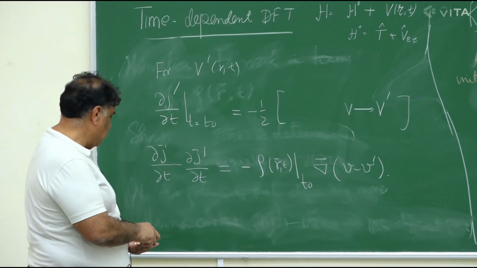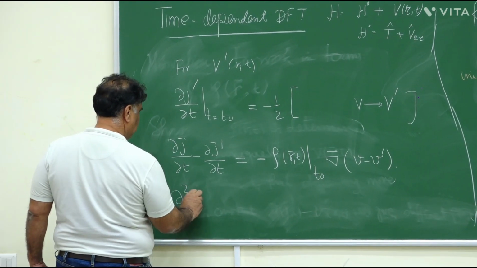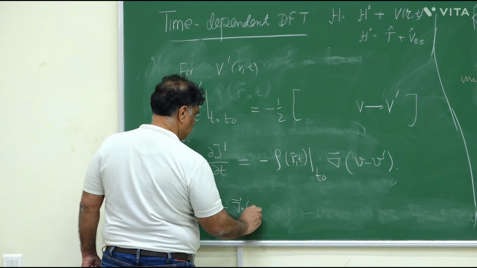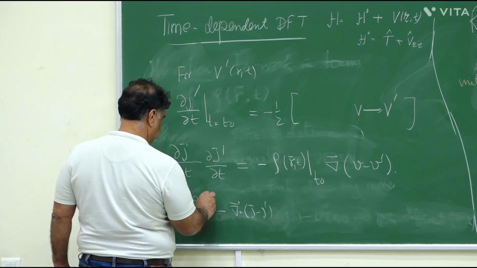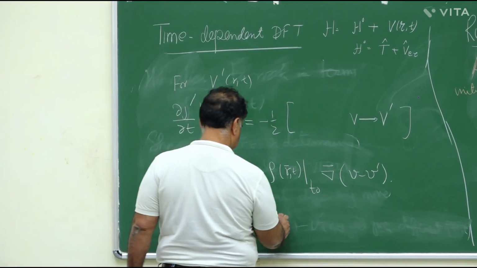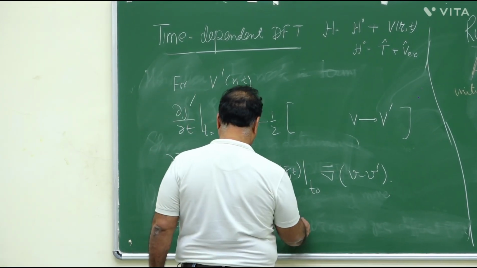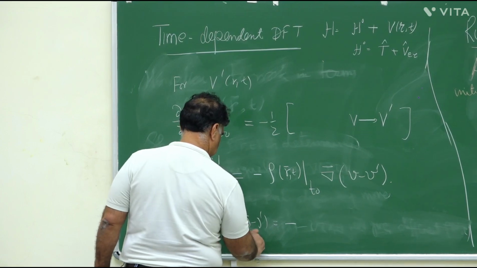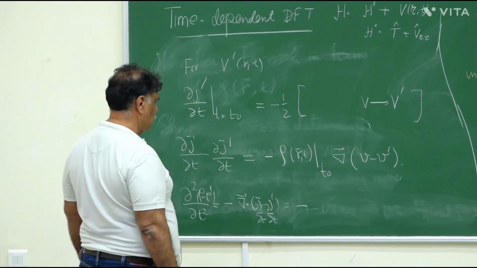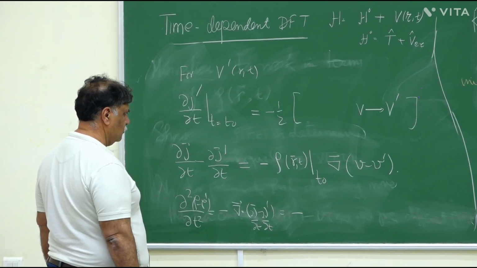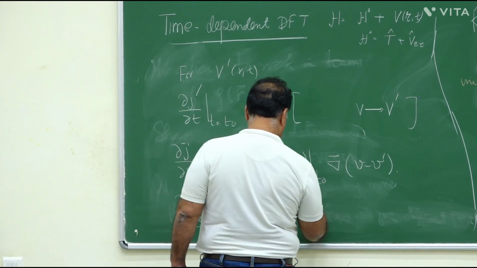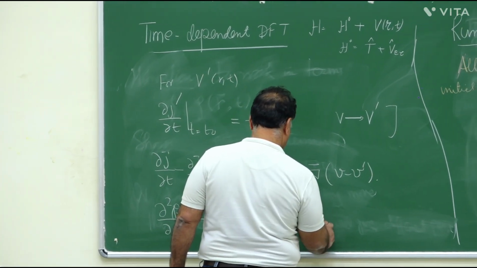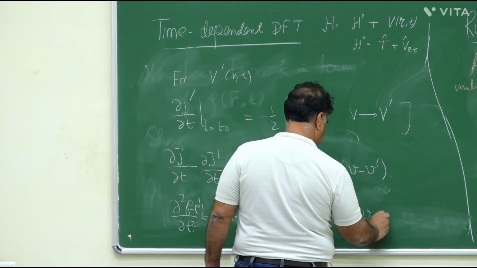I've gotten this, and I also have d2 rho by dt squared is equal to minus grad of j minus j prime, minus rho prime, will be equal to divergence of rho grad V minus V prime.